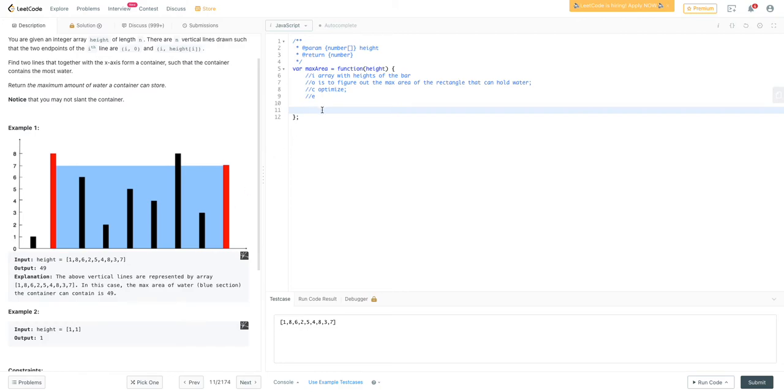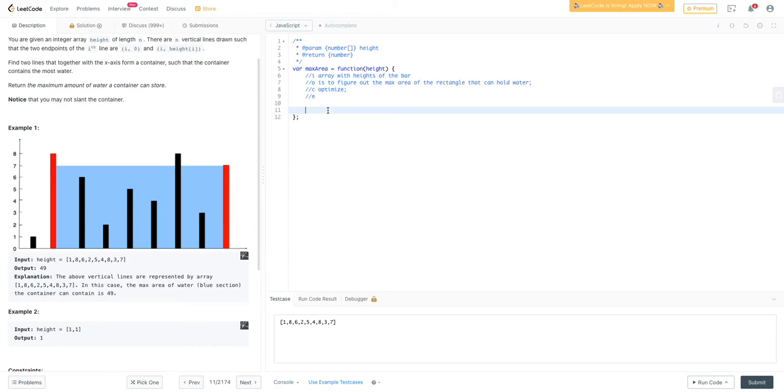If we solve it that way, we take two for loops, one starting at index 0 and another at 1, and iterate through every bar and figure out our max area. But that would result in O(n squared) time. So we do need to optimize, right?